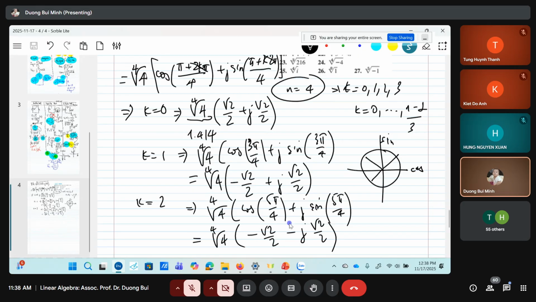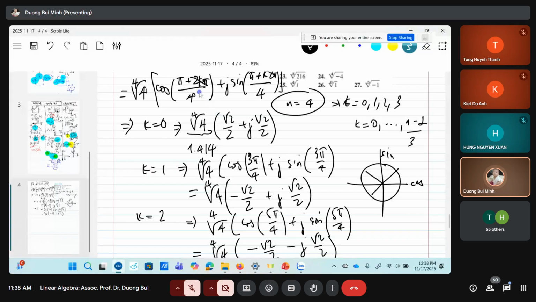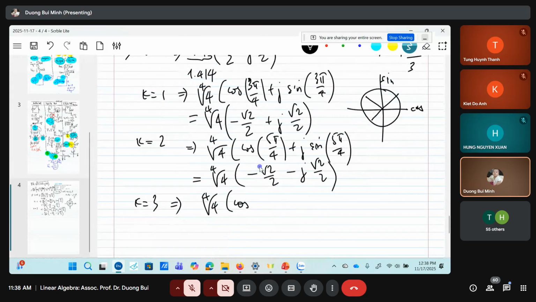Okay. And k is 3, right? So you get the fourth root of 4, cosine 7 pi over 4 plus j sine 7 pi over 4. You get here, right?